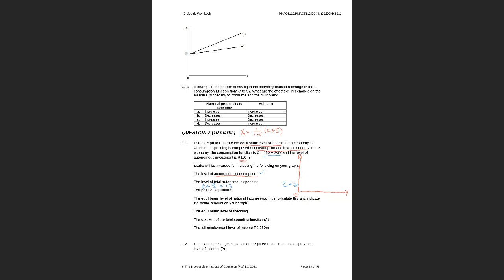What's the digit that's missing? Plus autonomous. So we've already got autonomous consumption, which is 150, which we've already put into the graph. But now there's another I, which is autonomous investment. What is autonomous investment in this case?